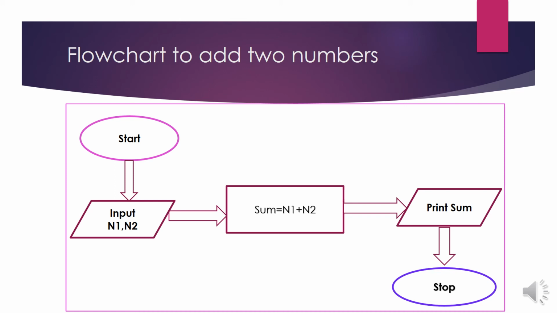After that, we are taking the input as n1 and n2, and after that we are making calculations as we are adding two numbers, and then we will get the answer in the form of sum. And when we get the answer, we will simply print it, and that's it.